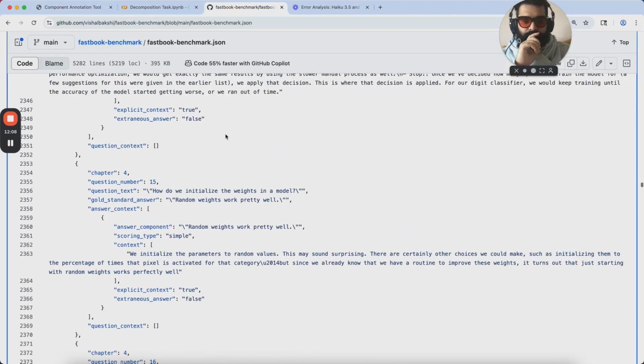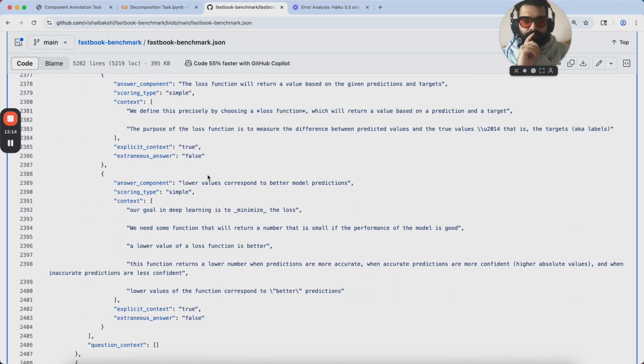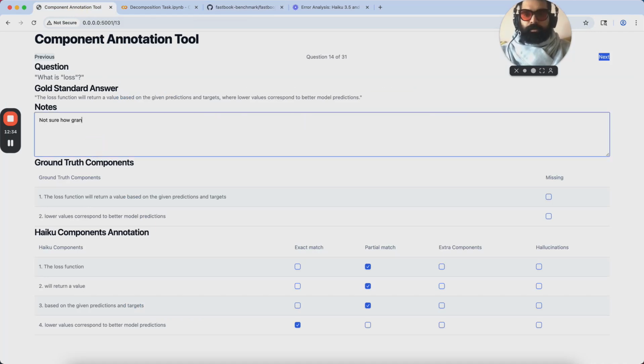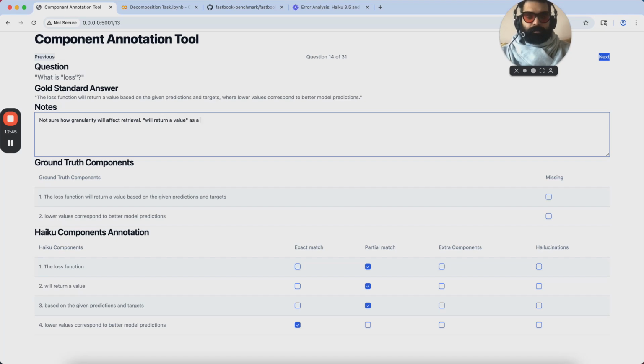That's what loss is. And there are multiple contexts where lower values correspond to better model predictions makes sense. So for this one, I'm just going to say not sure how granularity will affect retrieval. As a Haiku component, it probably doesn't make sense out of context on its own.